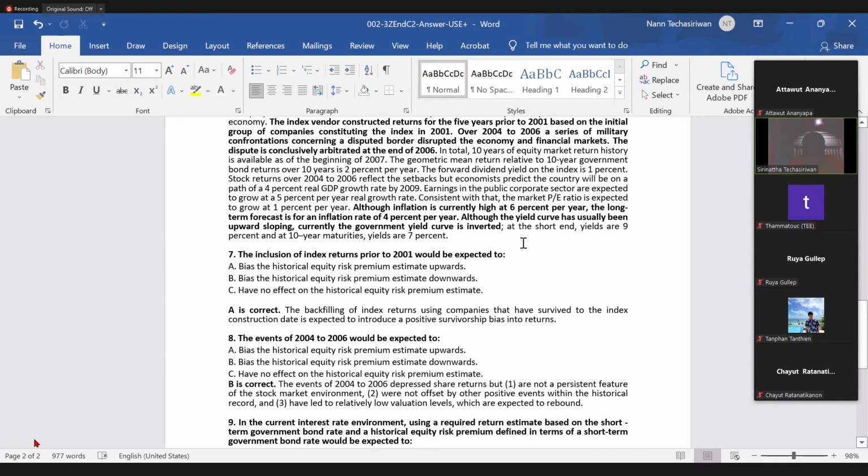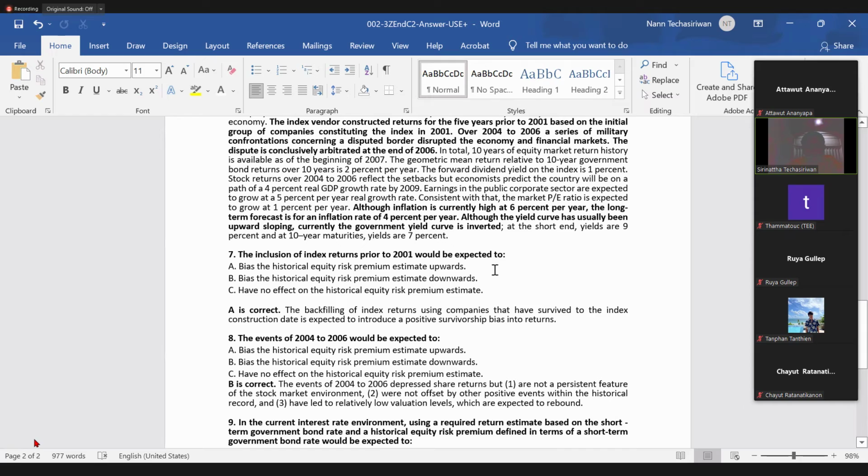All right. And the first question, they asked if the inclusion of index return prior to 2001 would be expected to, and the answer is to bias the historical equity risk premium estimate upward. So this is about survivorship bias, right?